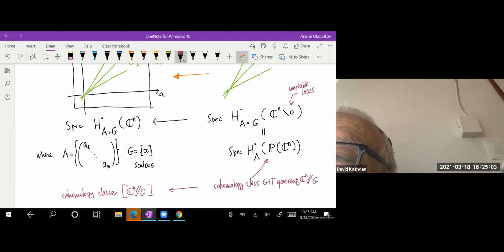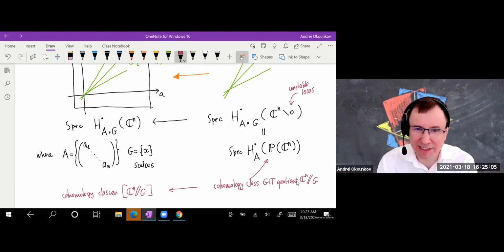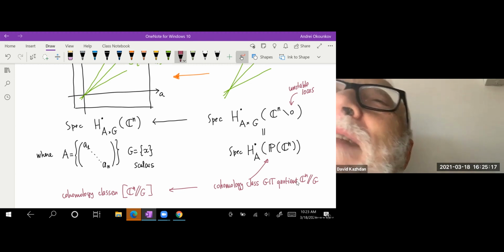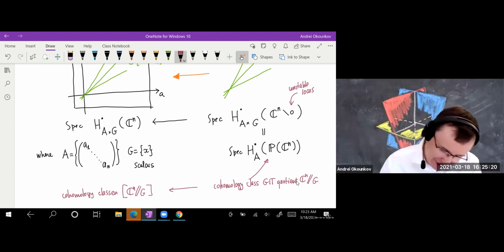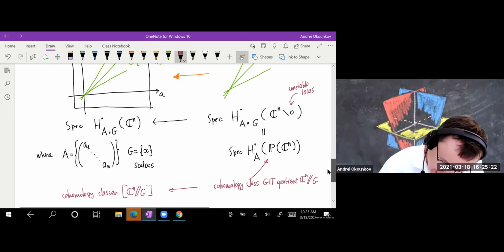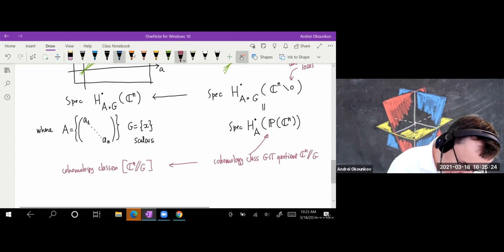So I'm going to explain what equivariant cohomology is and how this works. So that's my plan. If you think what I wrote down is obvious, then I'll be happy to go forward, or I'd rather explain.